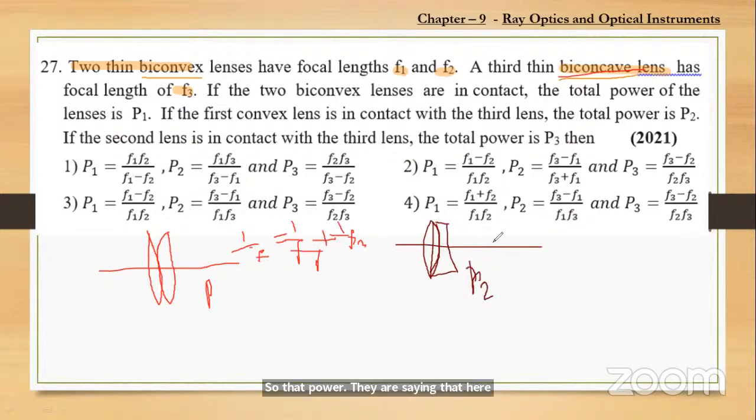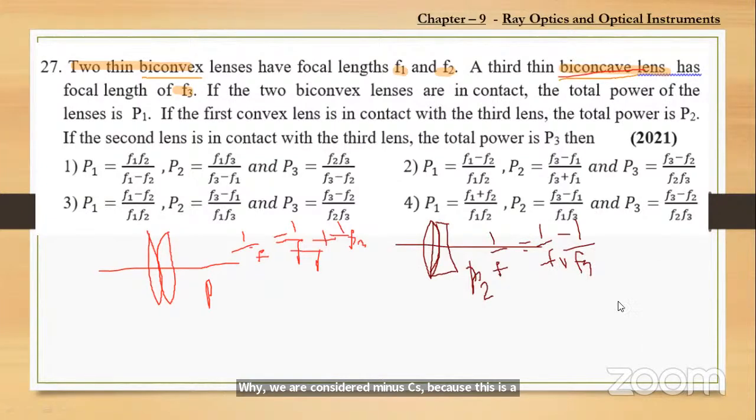Here the effective focal length will be 1 by f1, because we consider the first one, and minus 1 by f3. We consider minus because this is a concave lens.